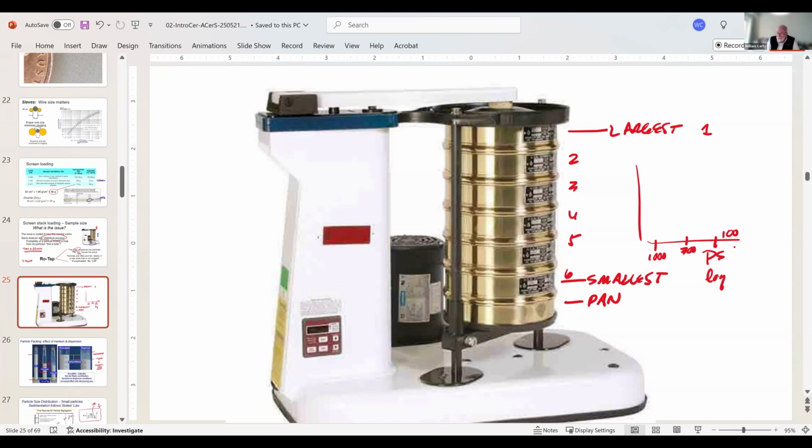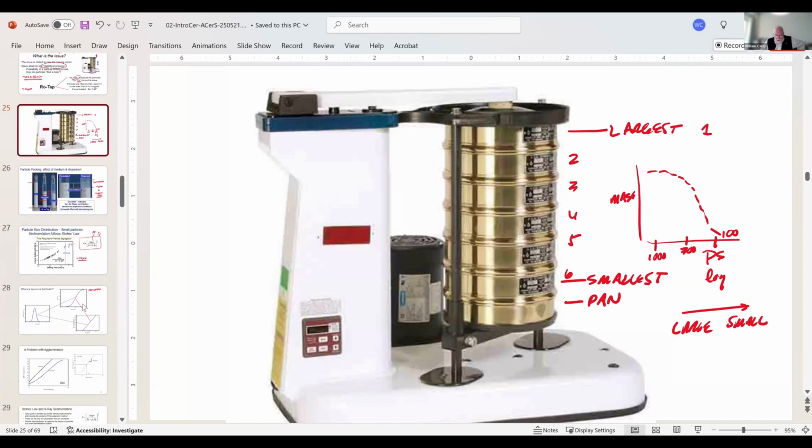And so what I do is I do my mass on this axis, and I measure the largest first. So my particle size distributions are inverted in terms of the scale. Large on the left-hand side, small on the right-hand side. So this is going from large to small, because that's how the sieves were set up.